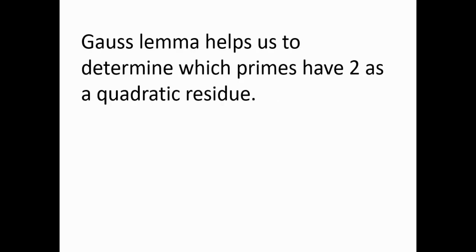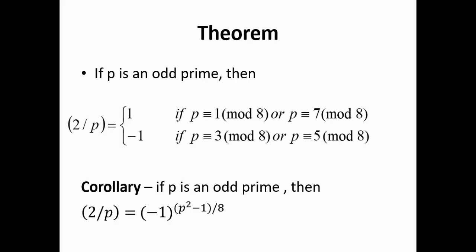Gauss lemma helps us to determine which primes have 2 as a quadratic residue, and that is given in the next result. When we see this theorem, this is proved only when Gauss lemma is given. Gauss lemma is useful here.